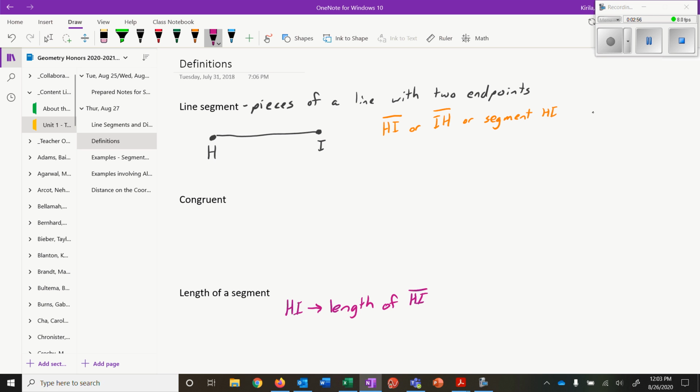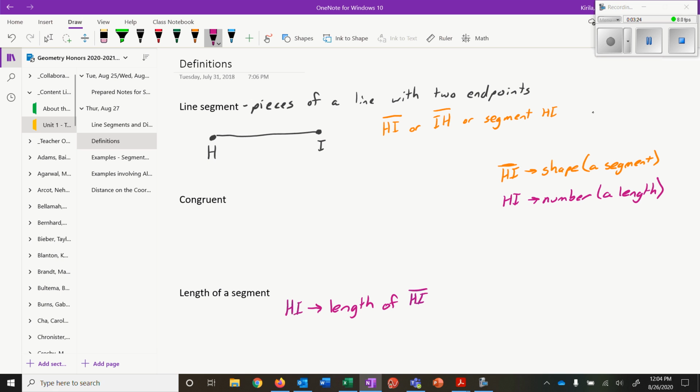So one way to keep it straight is this is a shape, a segment. And this, with no symbol, is a number because it's a length.